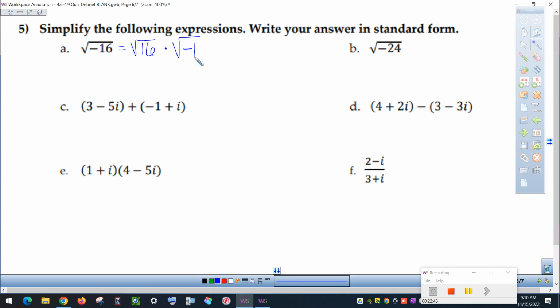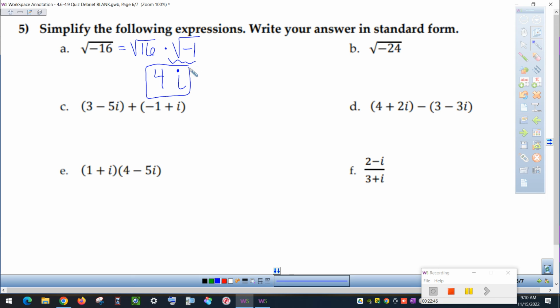And the reason that's helpful is because the square root of negative 1 is i. So that's another piece that I would say we need to know. We need to have that memorized. Square root of negative 1 equals i. i is just a shorter way of writing the square root of negative 1, but it means the same thing. The square root of 16 then is 4.